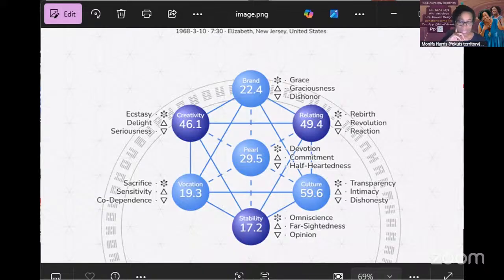If you haven't, check out your Star Pearl, which should be available. There's a free preview profile. You just have to click the link in the chat box, and it'll show you how to get your own chart. If you go in, you can pull up your Star Pearl information with your Star Pearl path.